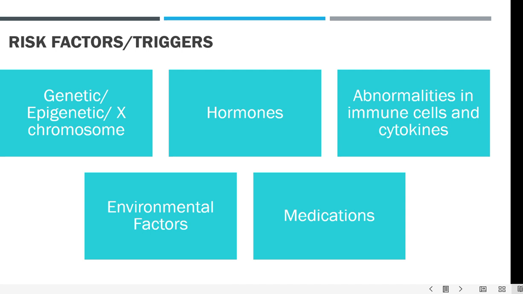Next, thinking about abnormalities in immune cells and cytokines. So our cytokines modulate both the innate and the adaptive immune responses. Both a defect and an excess of cytokine production, as well as abnormal responsiveness of immune cells to cytokines, can favor the development of immune-related disease.